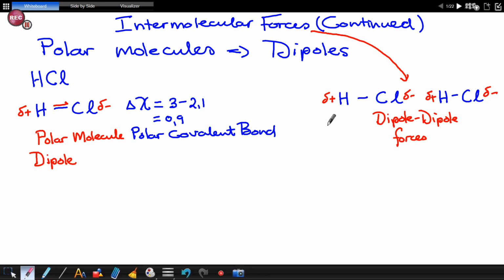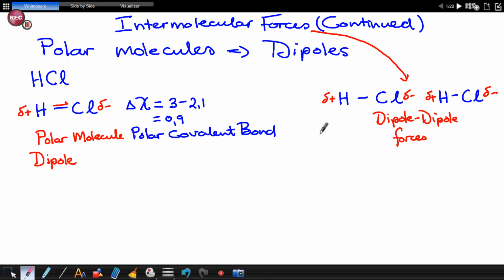How can you have attraction with one force? Right? And which is asking why there's two hydrogen chlorides. You have two molecules, so there must be a force of attraction between the two molecules.